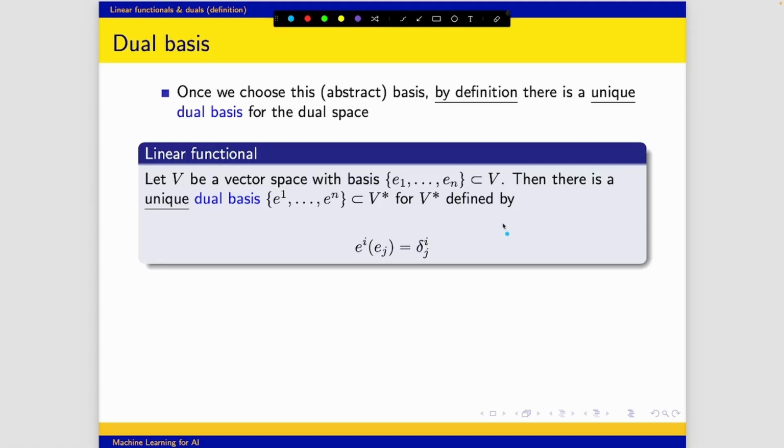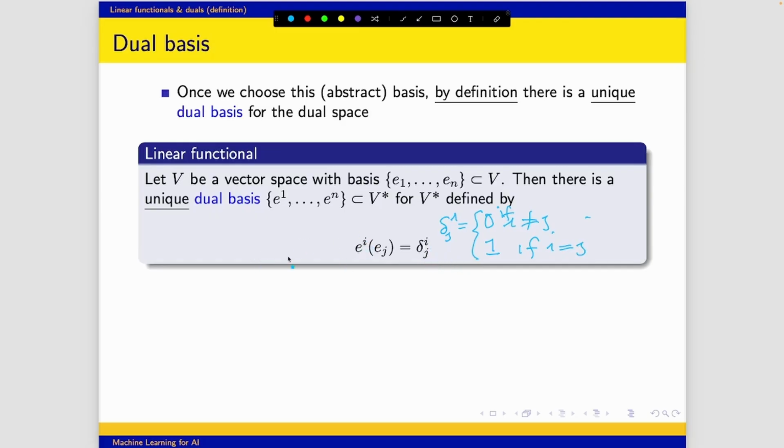Delta ij is equal to 0 if i is not equal to j, and 1 if i equals j. So this is 0 except when i equals j.